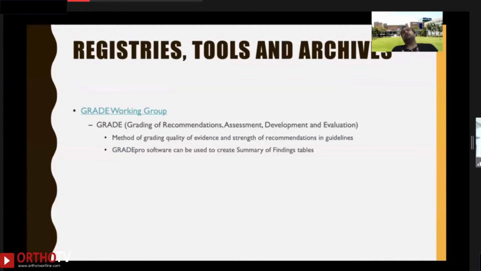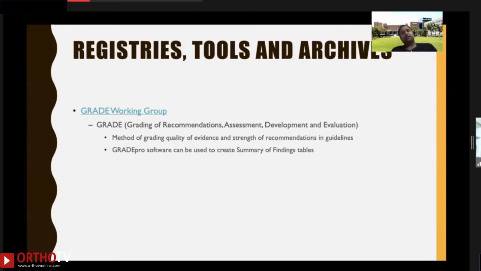There are appraisal tools also available, like AMSTAR 1 and AMSTAR 2. AMSTAR 1 is only for randomized trials, and AMSTAR 2 also includes non-randomized controlled trials. And there is the GRADE working tool, which is used for grading of recommendations, assessment, development, and evaluation.